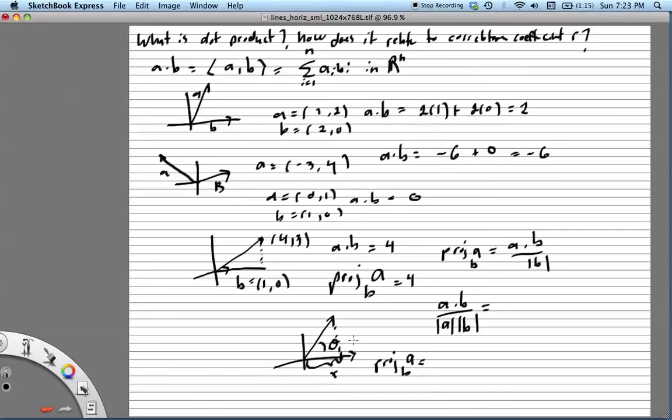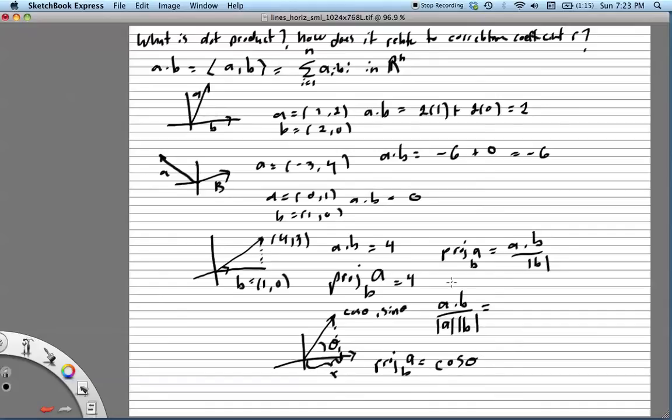And we know from trigonometry that the cosine of theta is that x value. If we were on a unit circle, this point would have coordinates (cosine theta, sine theta). And we're concerned with the x direction here. So we know that if A and B are unit vectors, the projection of A onto B is equal to the cosine of theta.